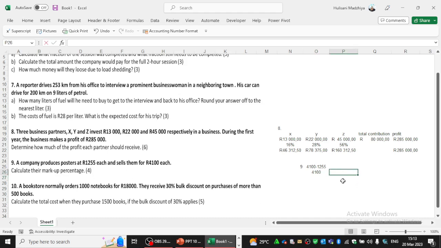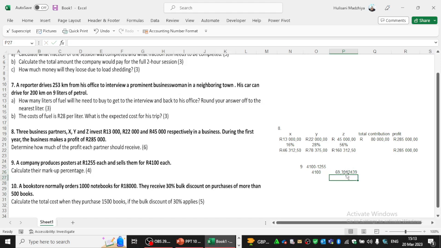So in this case, it will be as follows: 4,100, open brackets, 4,100 minus 1,255, divided by 4,100. This will all be multiplied by 100 so that we can get the markup percentage.